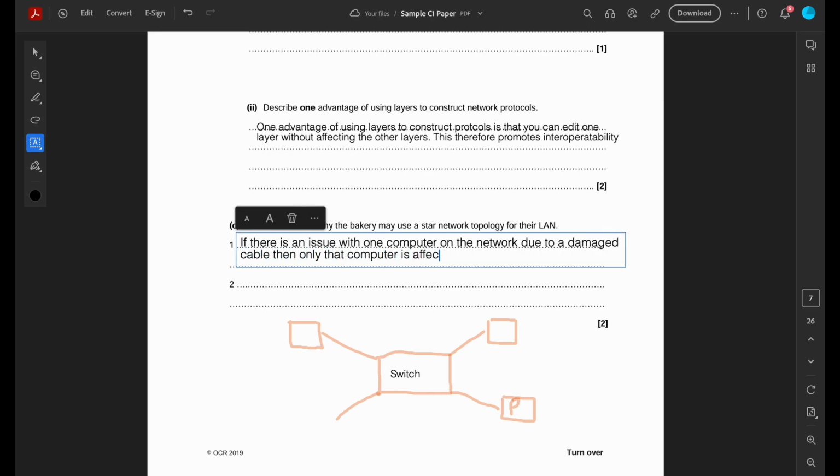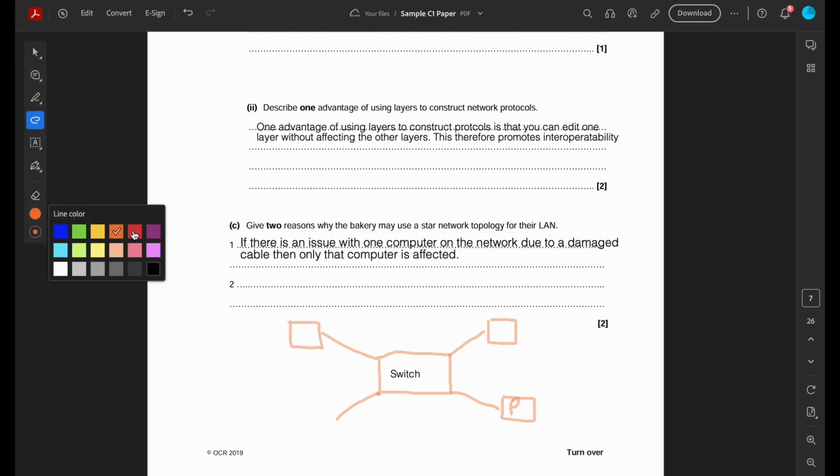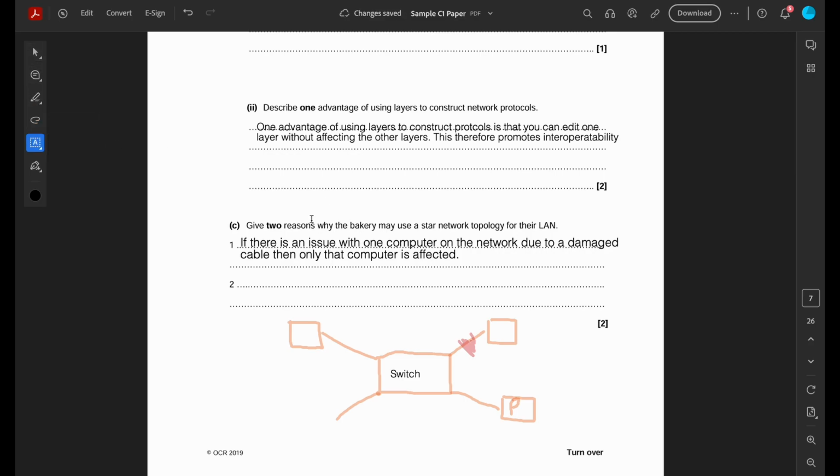So if there's a problem with this network cable here, let's imagine this network cable gets damaged, it only affects this one, but the rest of the network can still work absolutely fine. So that's one reason. For the second, we have to know about mesh networks as well, so we can talk about that.